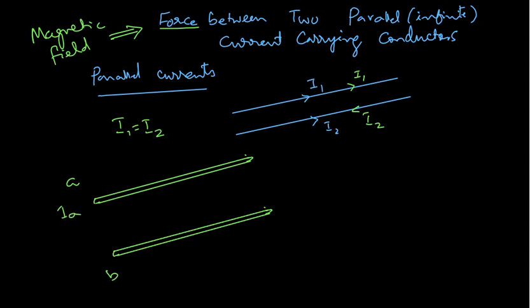So we consider first IA. IA is going in this direction. Using your right hand thumb rule, you have so many points on conductor B, and at all these points, whatever magnetic field is created is the same.